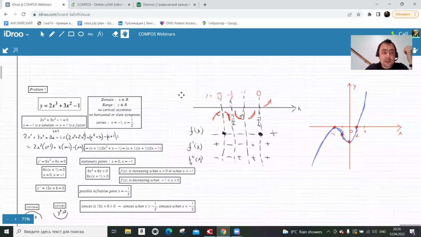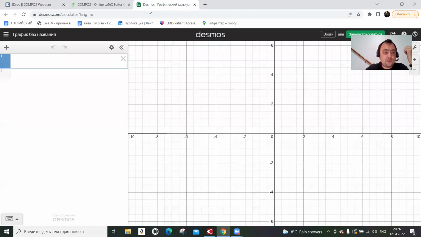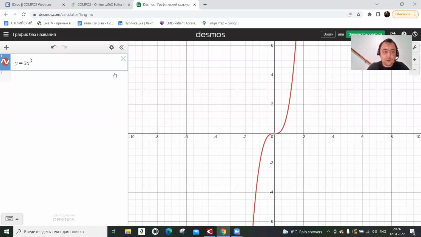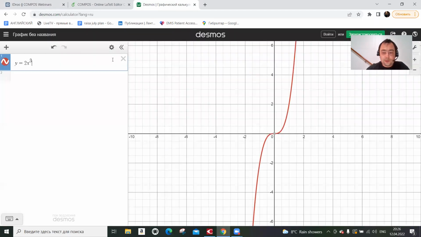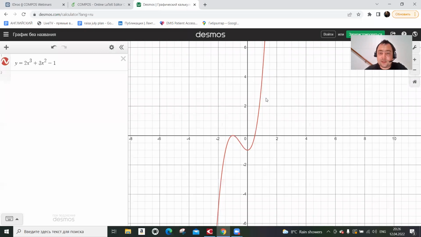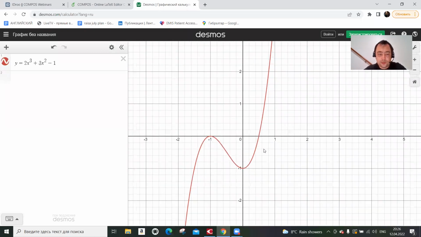And now let's check if we are correct. So y equals 2x cubed plus 3x squared minus 1. It does look like we were correct.